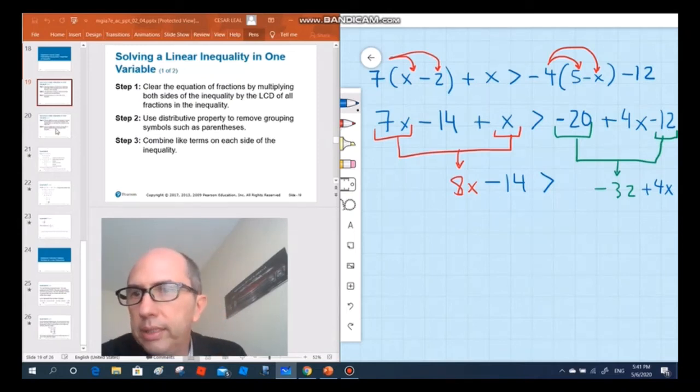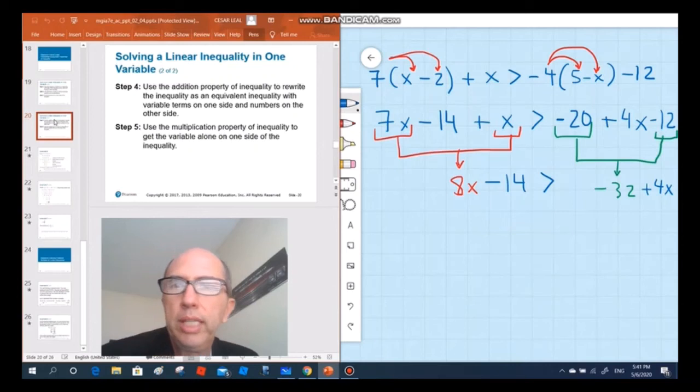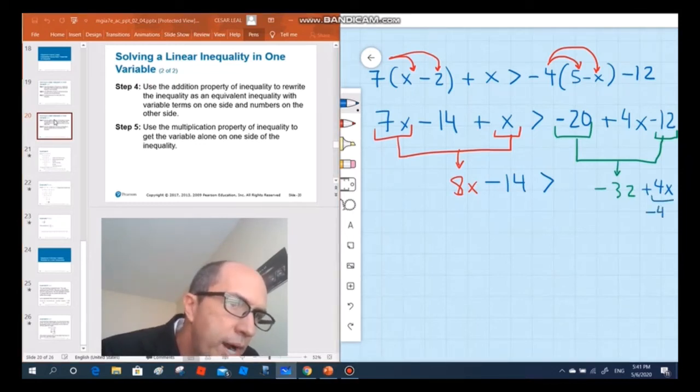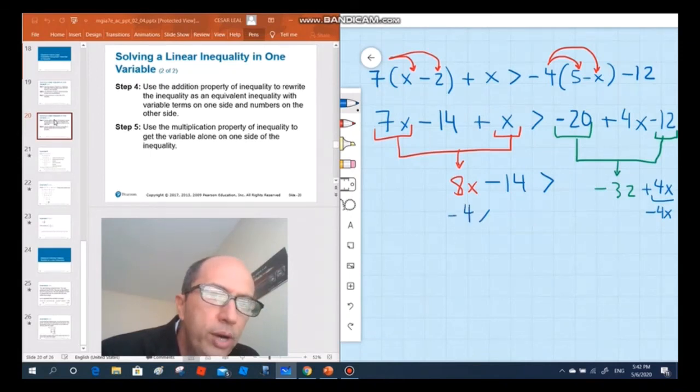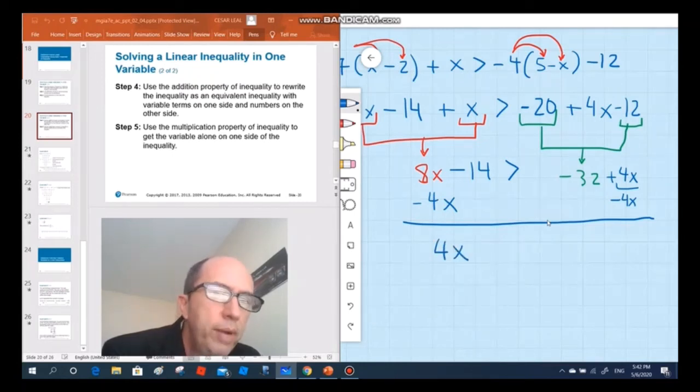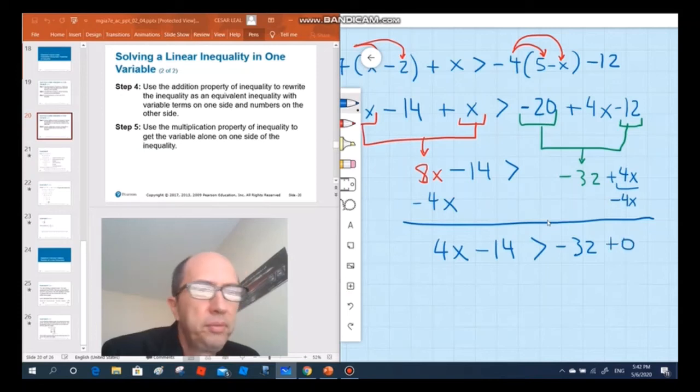Next step. Let's check here and remember the step by step. Use the addition property of inequality. The objective of the addition property is to make the variables in only one side of the equation. So let's get rid of this by subtracting 4x from both sides. 8x minus 4x, 4x minus 14 is greater than negative 32. 4x minus 4x, 0.